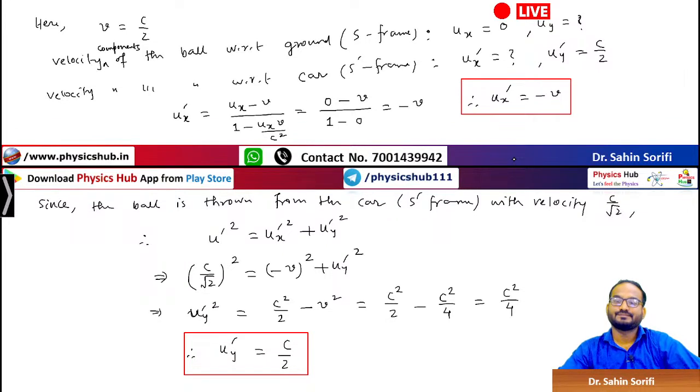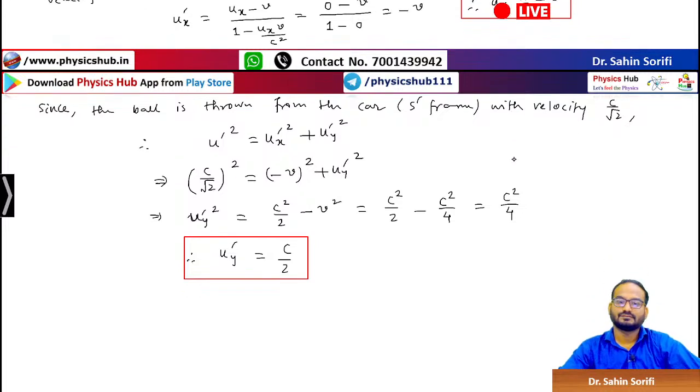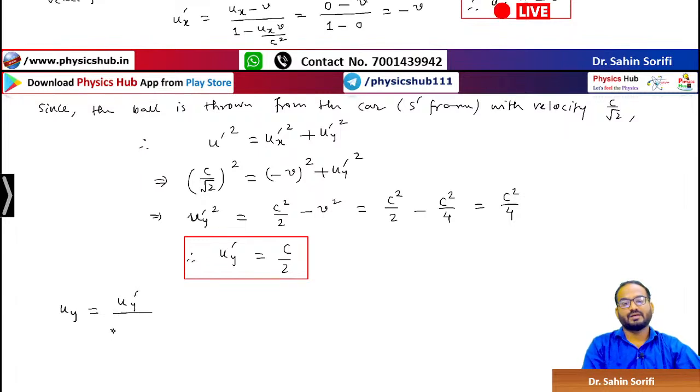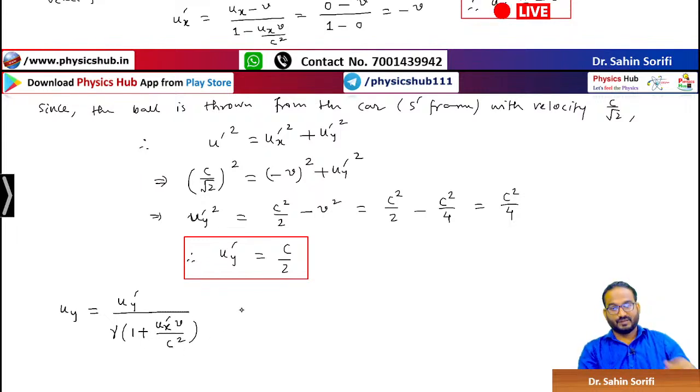Now we are in a position: once you get uy prime, we can find out uy. Uy is equal to uy prime divided by gamma into 1 plus ux into v by c square. Uy prime is c by 2, divided by gamma.